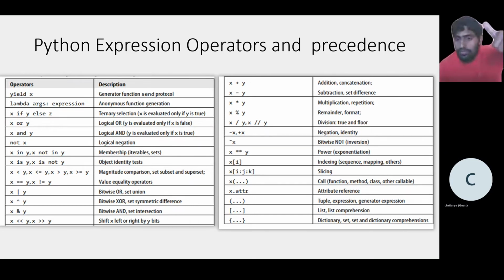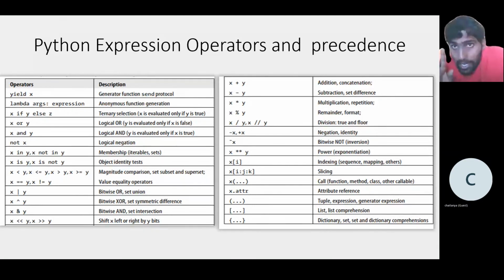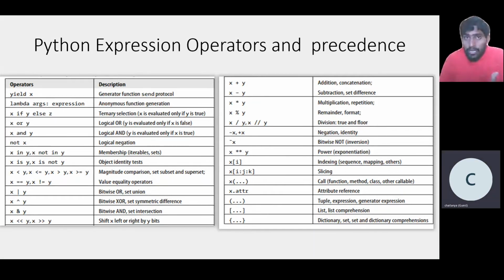Got it? If you add brackets after an attribute, it becomes a method. Got it? That is the difference between a state and a method. We have discussed it.